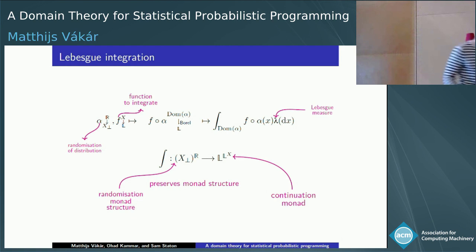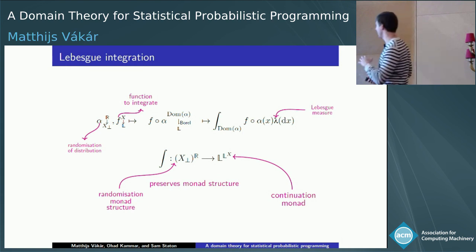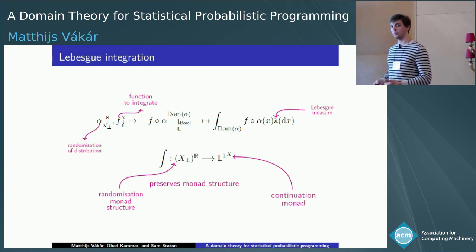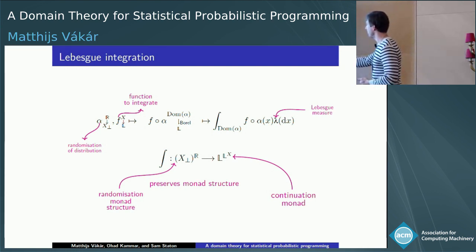Right. So now we're in a position where we can define our probability monad. At least I'll try to convey the intuition. The details are in the paper. But really, it relies on two pretty old ideas. There's nothing too new here, except for the combination of these ideas. The first idea is an idea going back all the way to Schwartz, the idea of Schwartz distributions. And that idea is that you can interpret a distribution as an expectation operator. So as an element of this continuation monad.